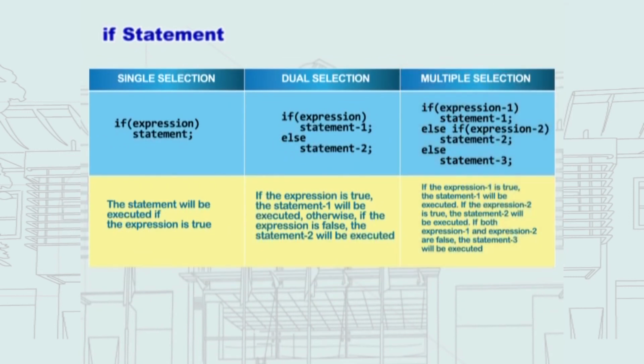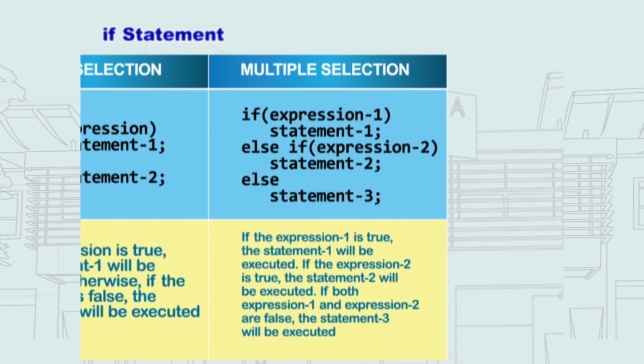Multiple selection. In this structure, you can see multiple if-else pairs are used depending on the number of conditions to be used. Based on this statement, if the expression 1 is true, the statement 1 will be executed.